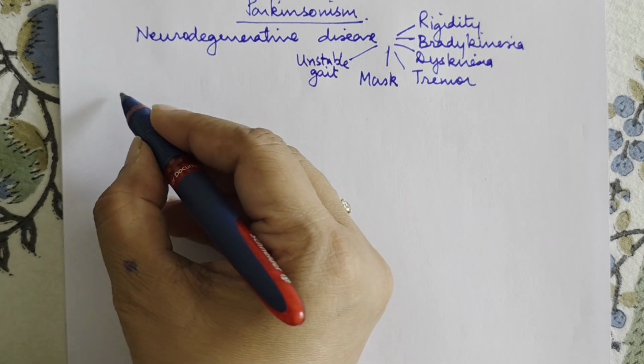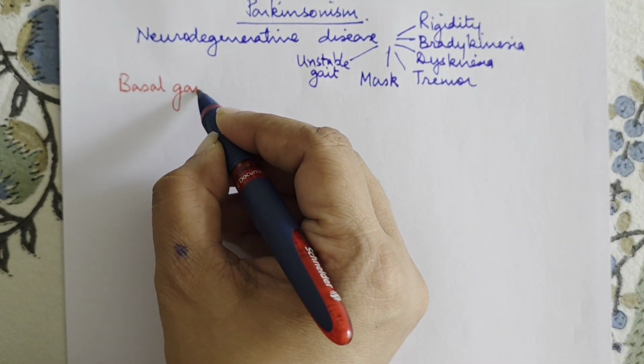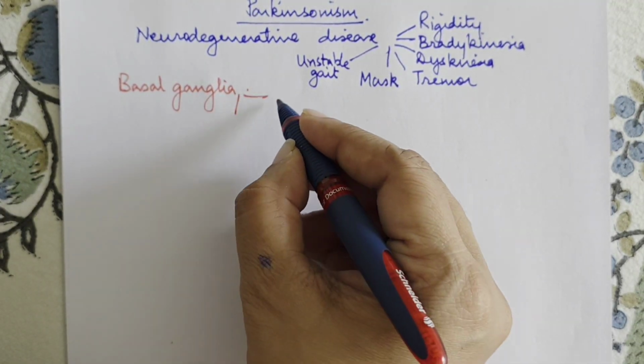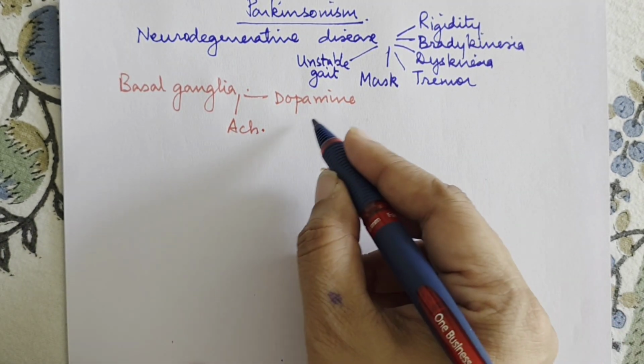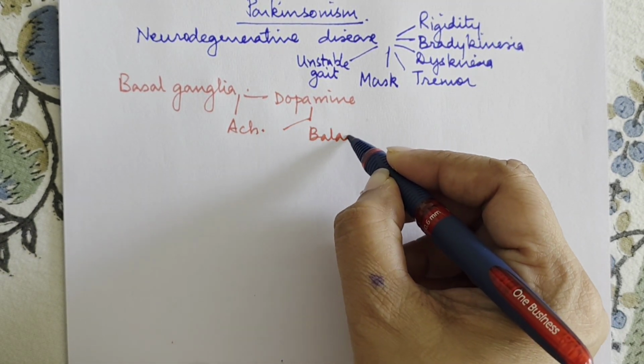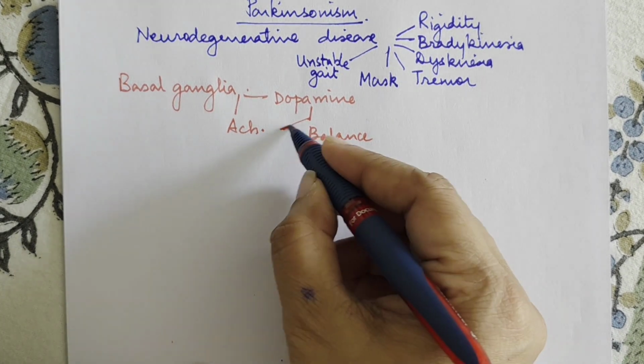Now, what is the reason for this? What happens is in the basal ganglia in our brain, there are two types of neurons, that is dopamine and the other one is acetylcholine. Now these two neurons play a major role in the balance of the body.